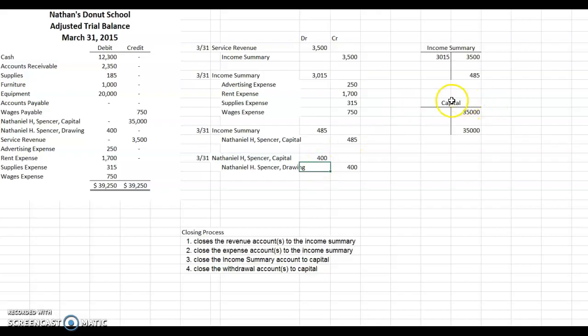So let's track your transactions into your capital. We had $35,000, and then we credited it for another $485, and then we're debiting it for the $400 withdrawal. So if we take a look at that ending balance, add up each column, subtract out the smaller column, I'm going to end up with $35,085 in my capital.